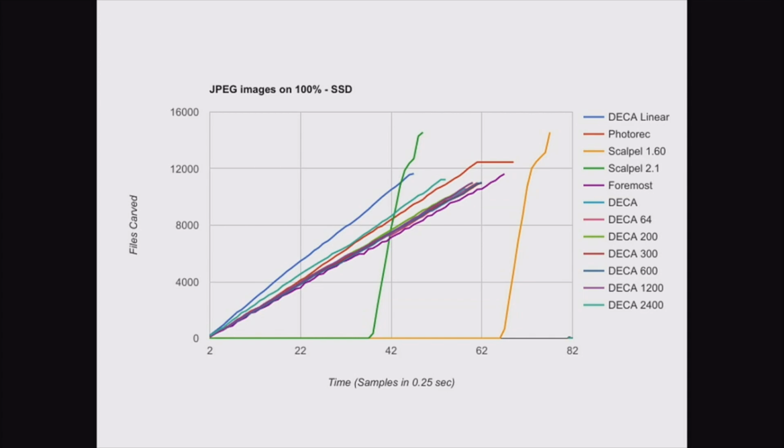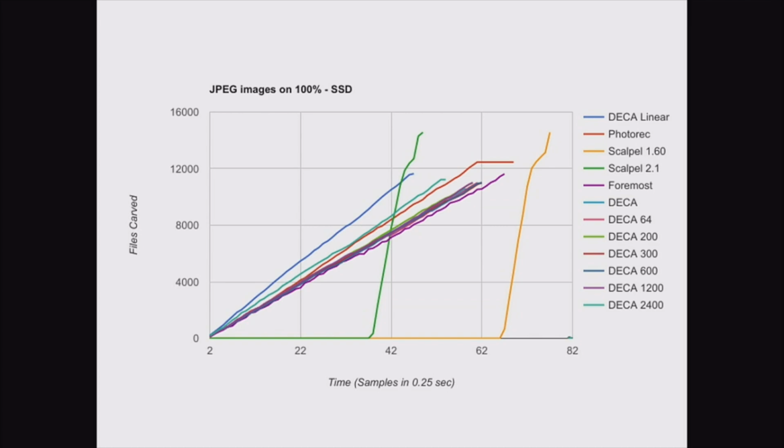Those green and yellow graphs, which look like happy worms standing on their tails, are actually Scalpel. The reason it looks like this is that Scalpel first identifies locations of different files, and then extracts them in one go at the end. So that's the worst case, and in the worst case, our Carver performs just as well as sequential Carvers.